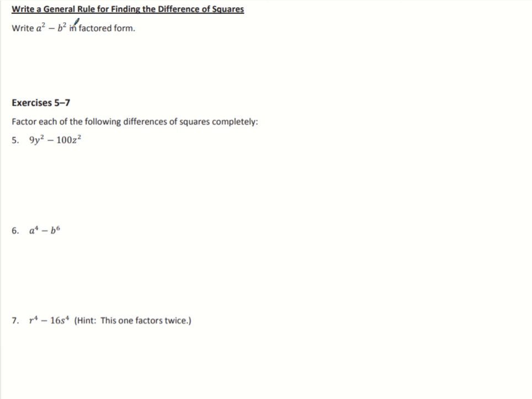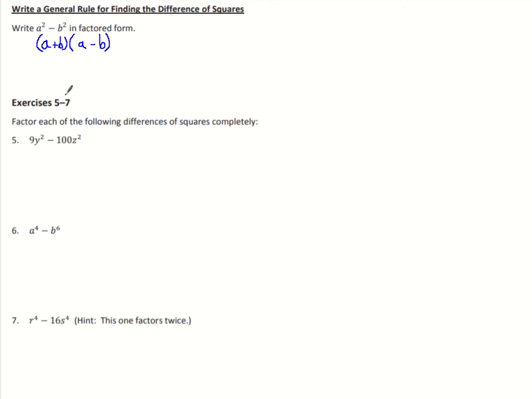So if I have a squared minus b squared, that's going to be a plus b times a minus b. And that'll be true whenever I have a difference of squares. It's a special rule whenever I have something squared minus something squared.